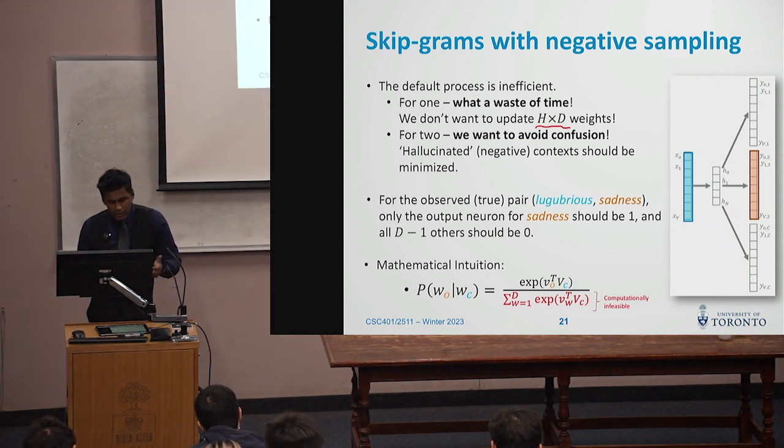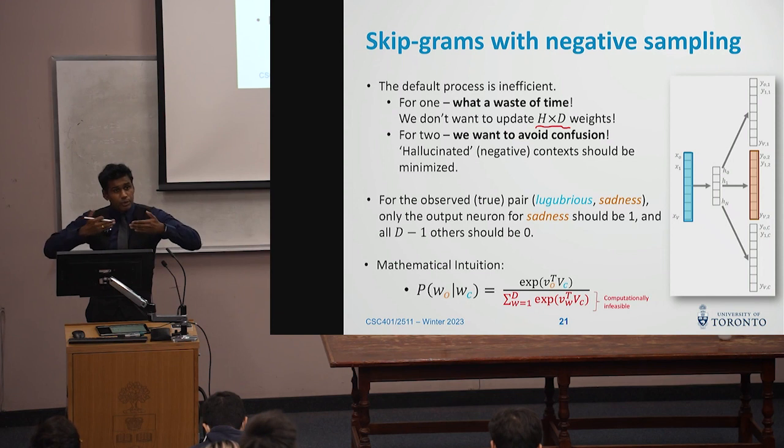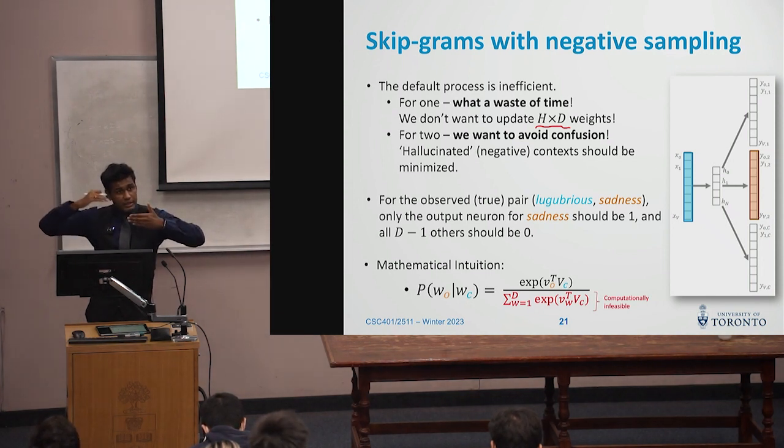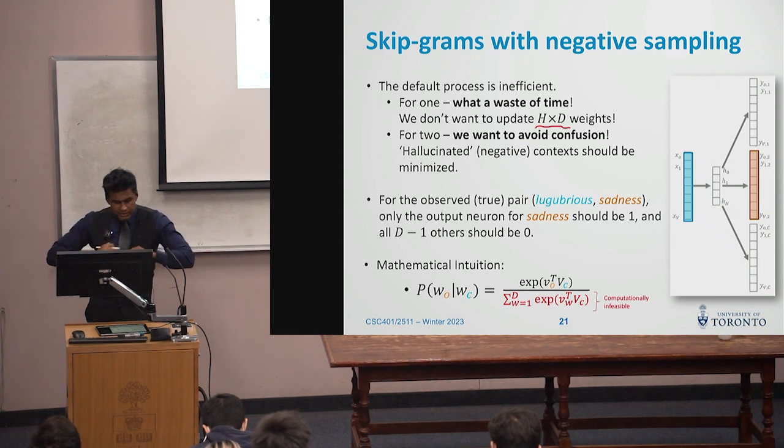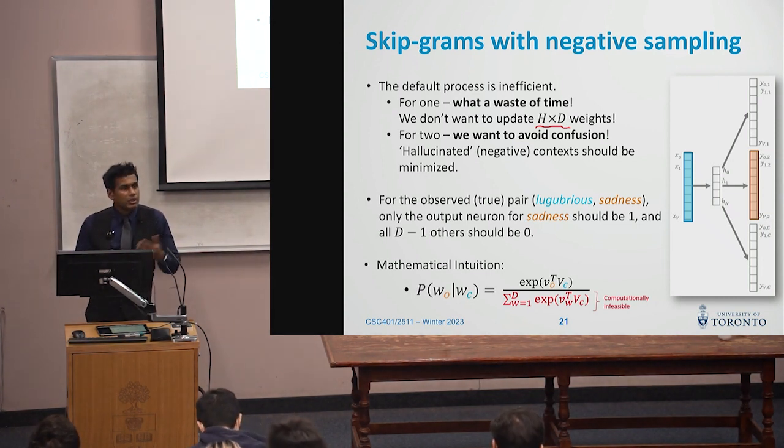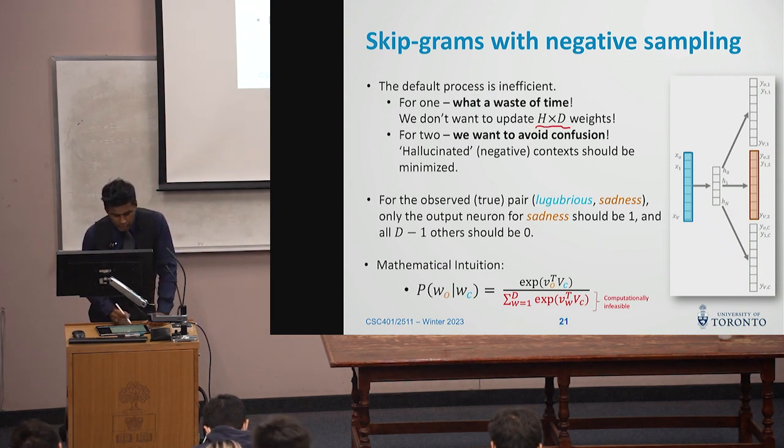So how can we improve this? All we want to do here is, for the true pairs, like lugubrious and sad, we want to maximize or increase the probability, and we want to decrease the probability of irrelevant connections. For example, lugubrious does not have anything to do with zebra or clock or table, right? So that's basically all we need to do. Is there any way we can simplify this denominator over here?